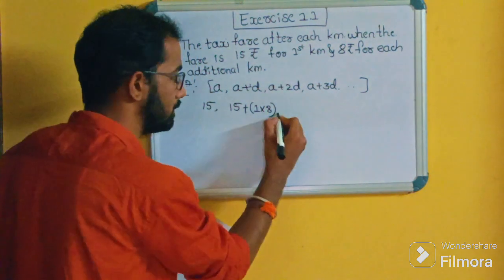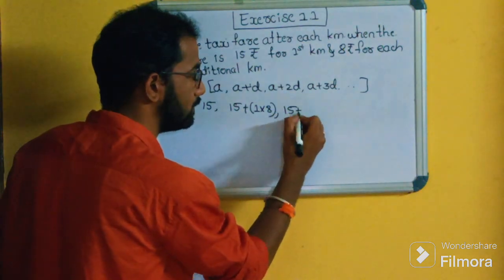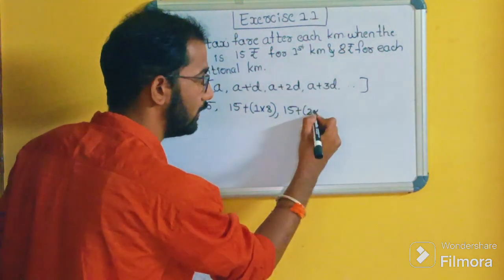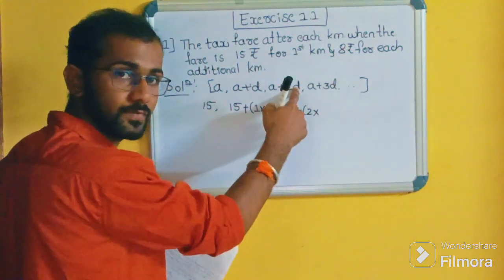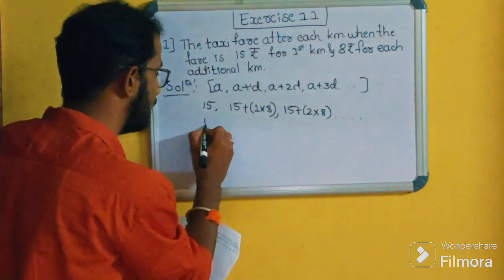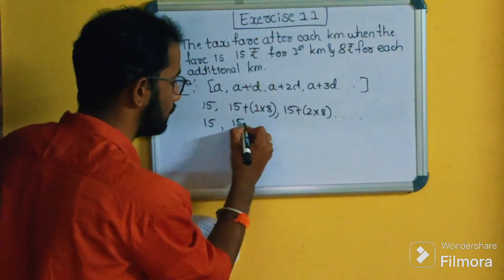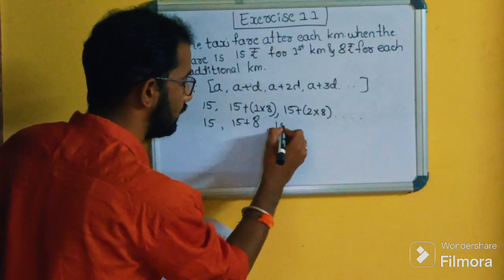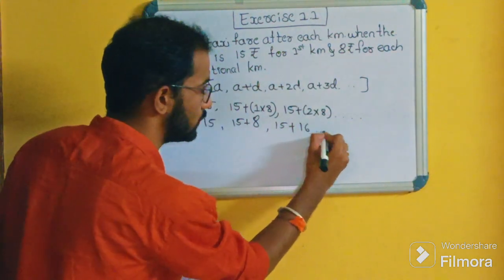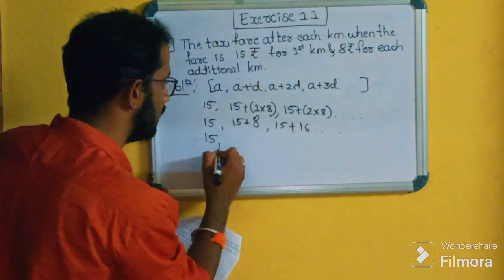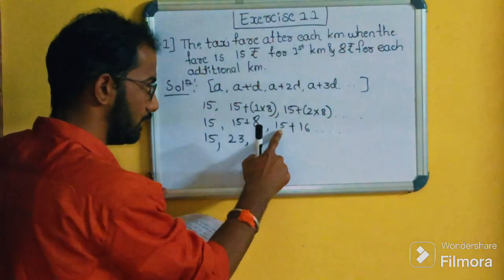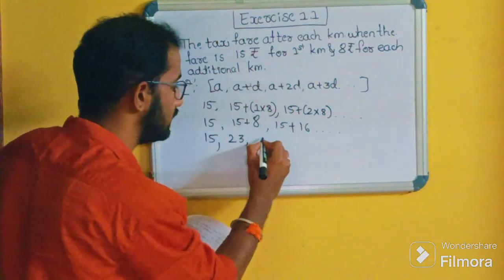So 15, then 15 plus 8 is 23, then 15 plus 16 is 31.